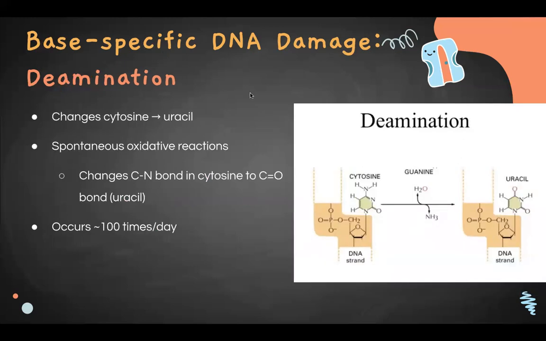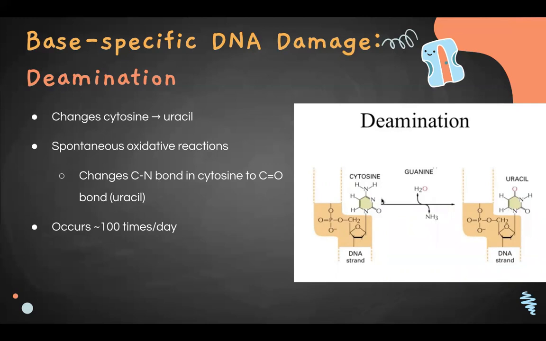And then a different base-specific DNA damage that can occur is deamination. And this occurs when cytosine is changed to uracil. This occurs through a chemical process that you don't really need to know, but basically it changes the C-N bond on the cytosine to a C double bond O bond on the uracil.